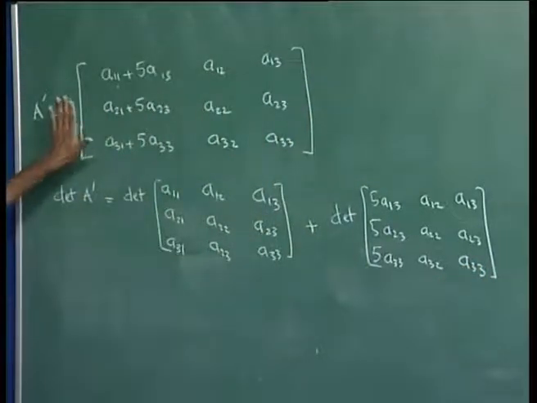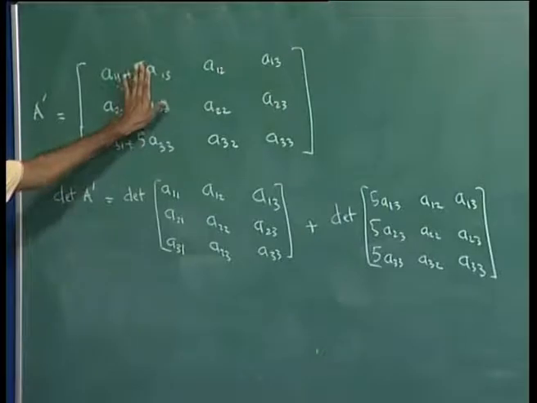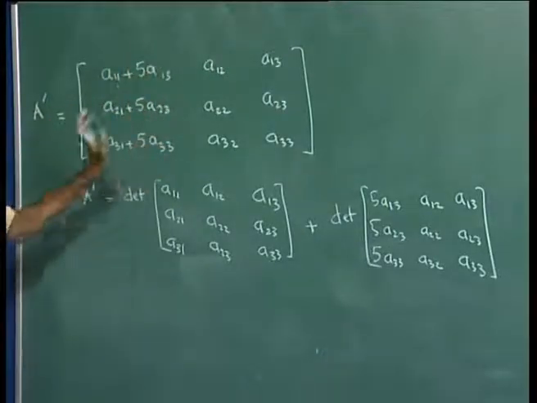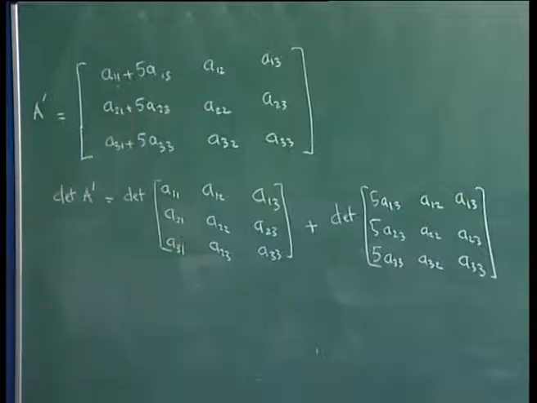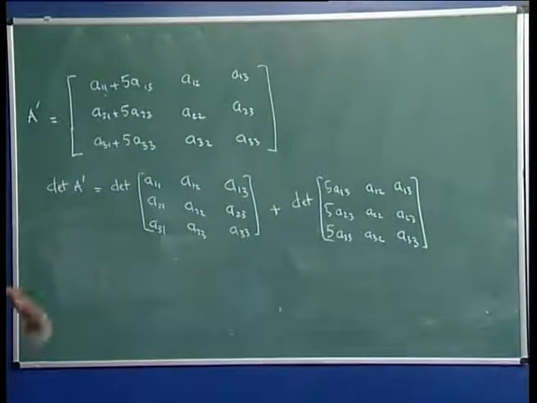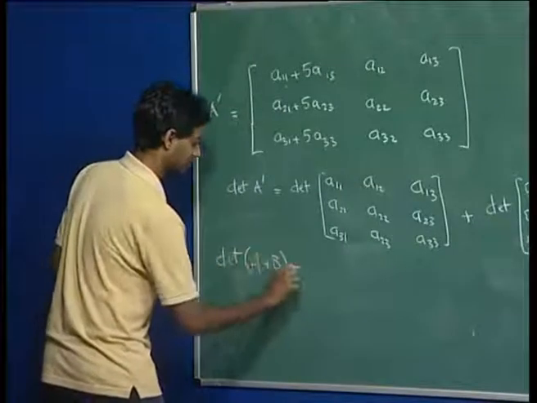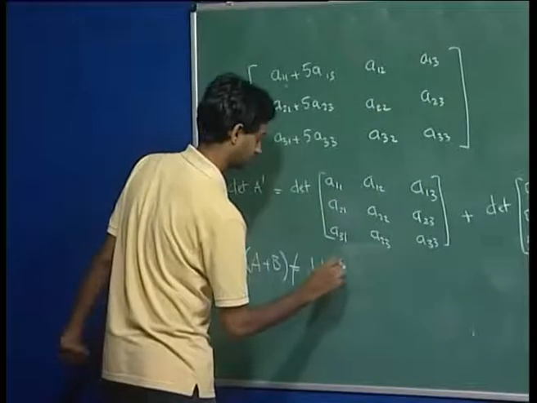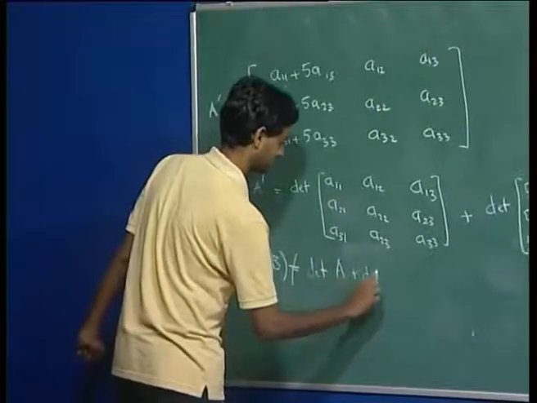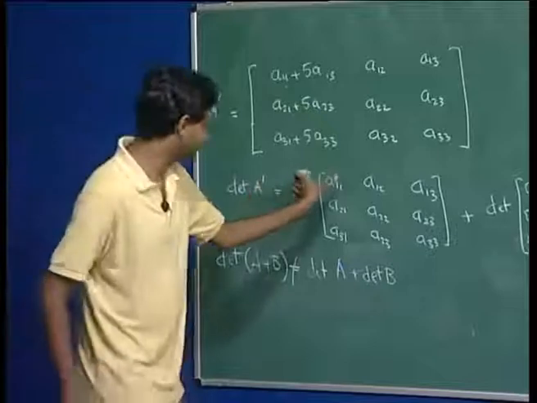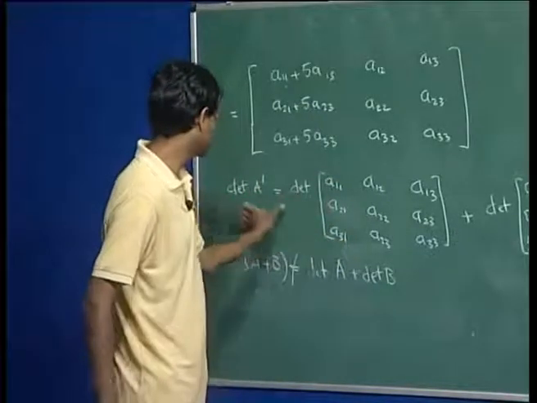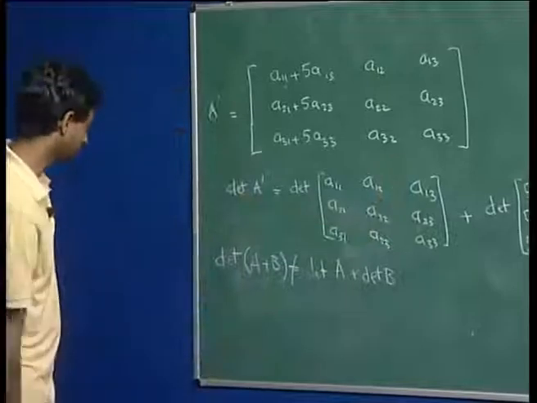So this is the property of the determinant, that if you add elements to one row, then you can split the determinant into these parts, and then you can add the determinants. Now remember, if you add up two matrices A plus B, the determinant of A plus B is not equal to the determinant of A plus the determinant of B. So this is not true. However, if you just add elements to one row, then the determinants can be added in this form. Okay.